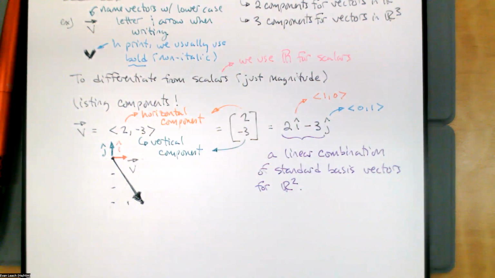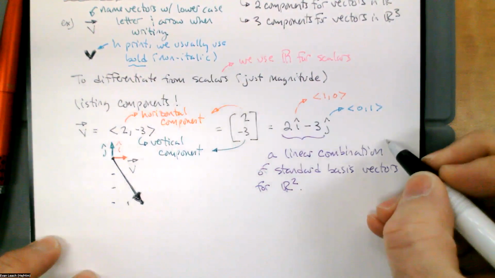For those of you who've been through linear algebra, this linear combination wording is the same linear combination wording that we had before. For those of you who have not been through linear algebra, this is the same linear combination that you're going to eventually see in linear algebra. Linear combination means that we're just going to combine vectors with scalar multiplication and vector addition.